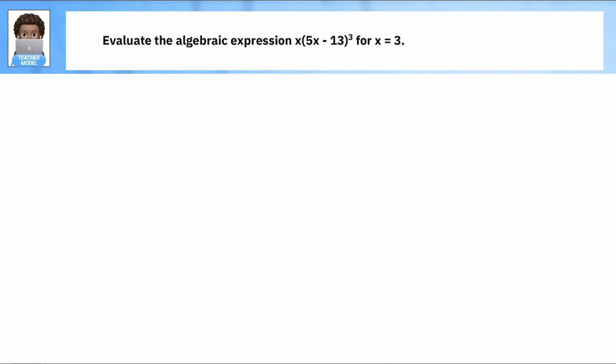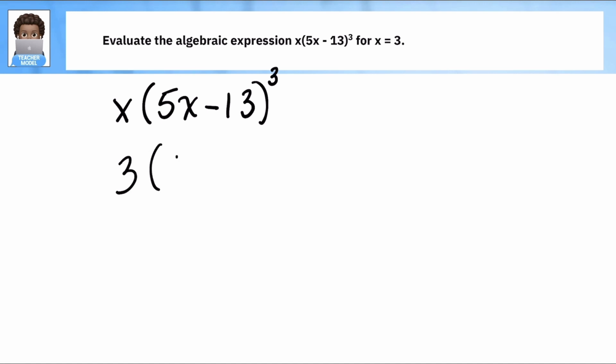Here we have, I'm going to rewrite it, 5x minus 13 to the third power. Ooh, this one is interesting, and we want when x is equal to 3. All right, so we have 3, we're going to substitute: 5 times 3 minus 13 to the third power.